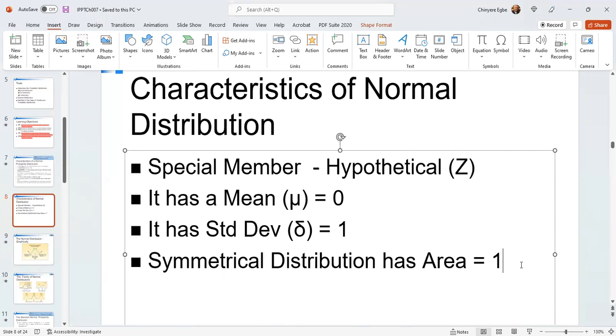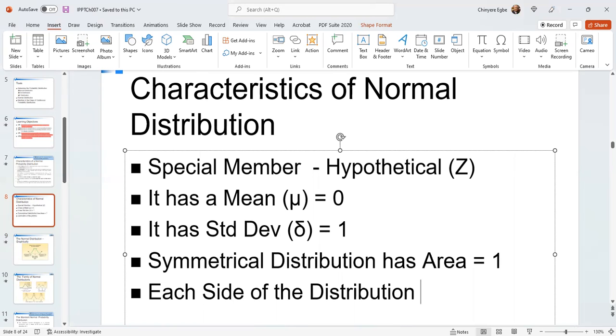And so each half, or each side of the distribution, has area equals 0.5.